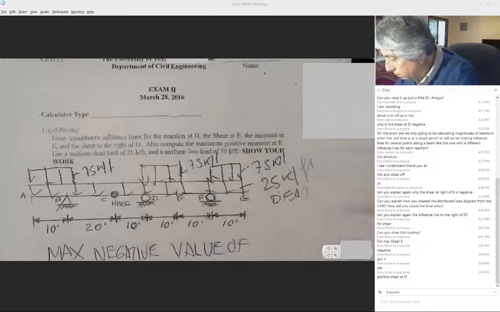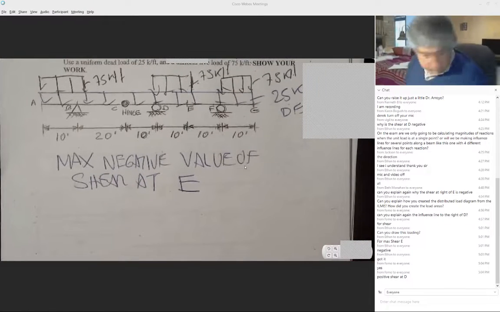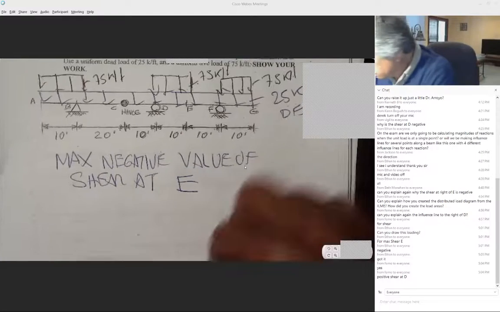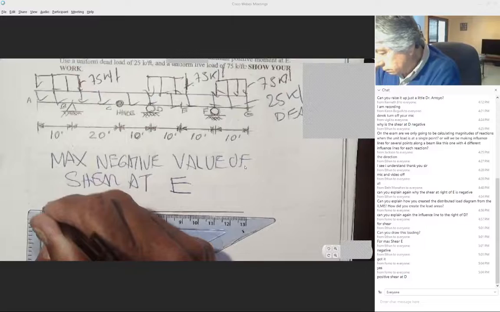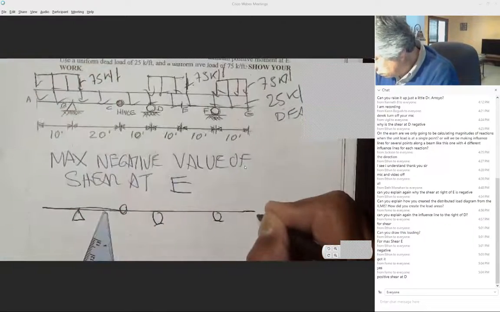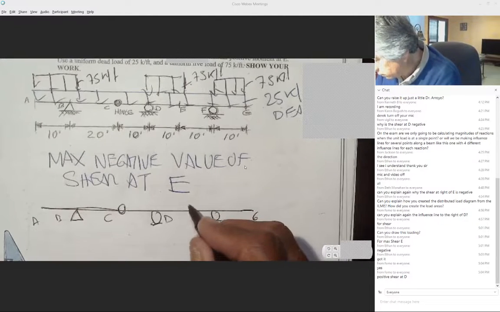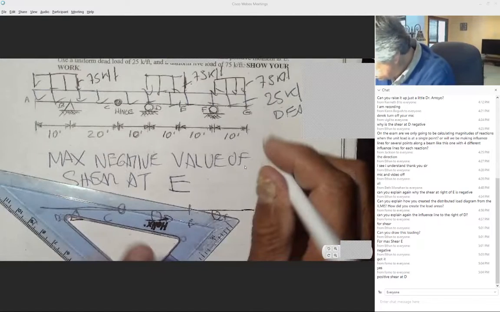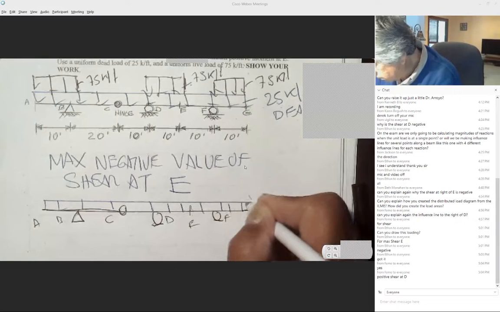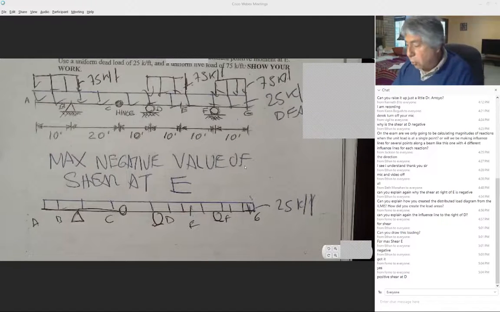So I'm going to put this case below. Now I'm going to put the live load.